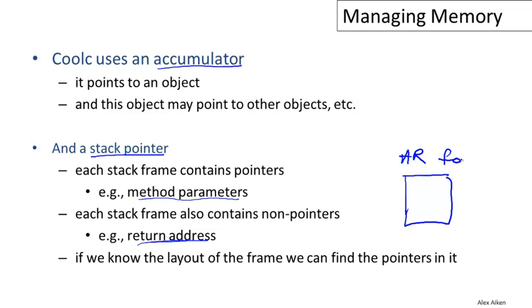So if we have an activation record for a method foo, and let's say that that activation record has 4 slots, then the compiler would need to keep track of which ones were pointers to objects, and perhaps the second and the fourth element of the frame are always pointers to objects, and the other 2 are always non-pointers. So somewhere the compiler has to keep track of this information so that the garbage collector will know at runtime, when it's looking at an activation record for foo, where the pointers that it needs to follow are.